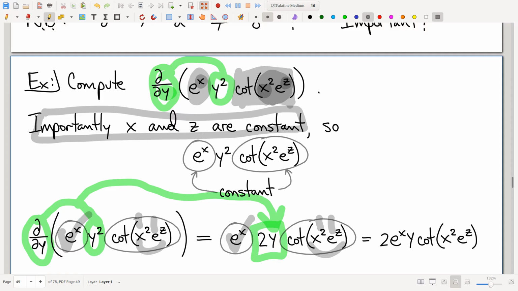Done. Everybody see how that worked? Really easy. Super. World's easiest derivatives to compute. All right.